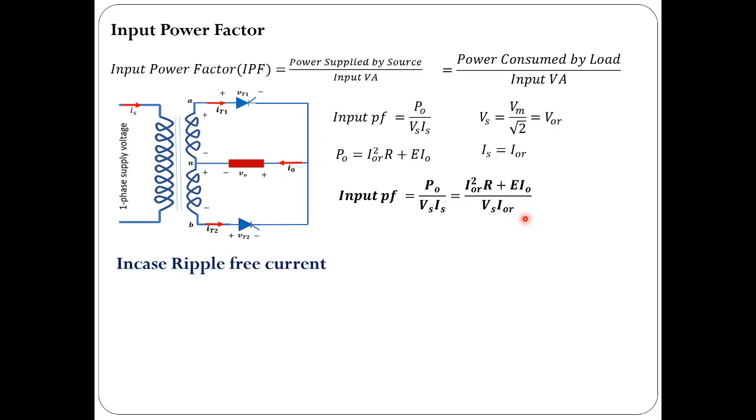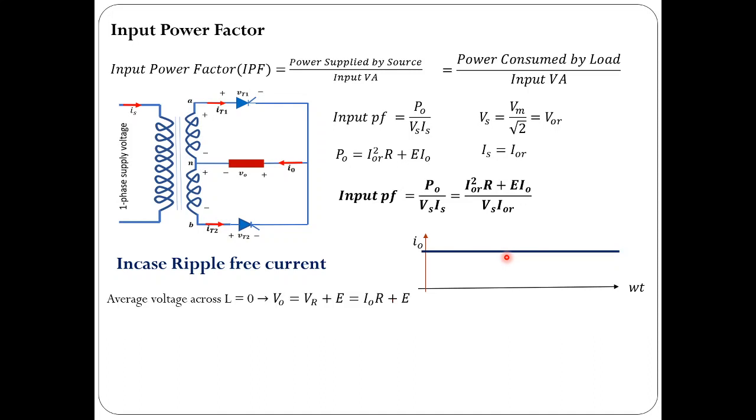So this is the way to find input power factor in general, assuming that load current is continuous in nature. Now consider the case where load current is continuous and ripple free. What do I mean by ripple free current? The current is constant throughout the period, assuming inductance is very large. So load current is almost ripple free, and you can assume it is almost constant.